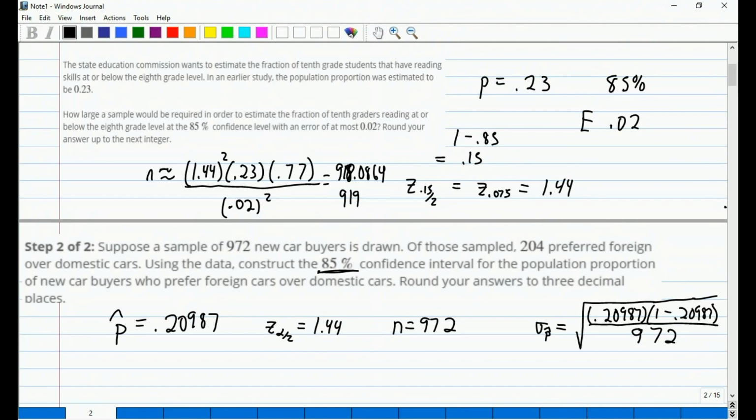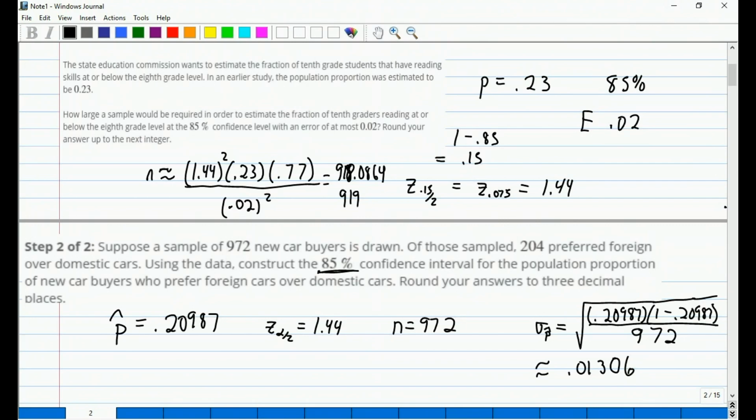All right, so I'm going to plug all that in my calculator and let's see what we get. All right, so I got my sigma sub p hat to be about 0.01306. So that's how far I'm going to carry that out.